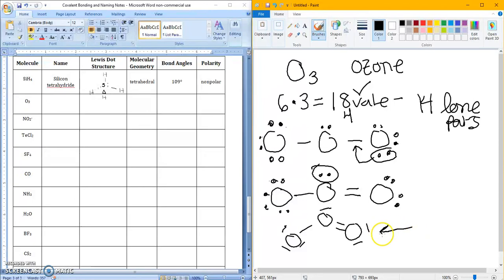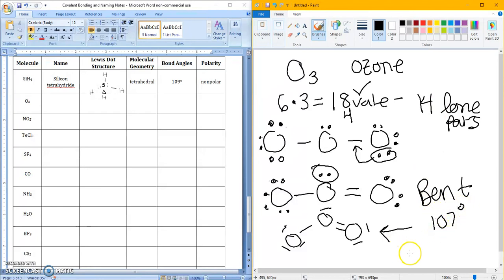So this is my Lewis dot structure, or this double bond could be over here, and this could be the single bond. Either way, that's how you do it. Now, because these guys are bent down, the shape, or the geometry, is what we call bent. The bond angles for any bent is about 107 degrees.